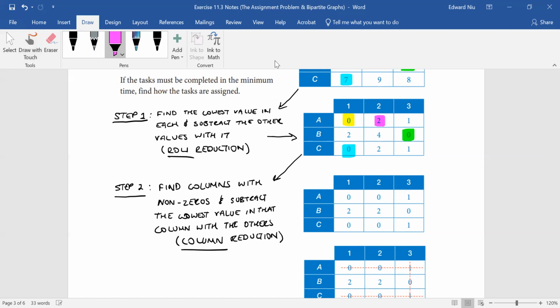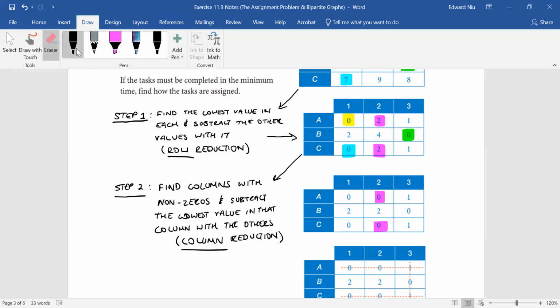So what we notice is we've got 2 sets of 2s that are going to be the equal lowest. So we subtract every number in column 2 by 2, and we leave the ones with zeros alone. Okay, so 2 take away 2 gets us 0. All right, 4 take away 2 gets us 2, and then 2 take away 2 again gets us 0.